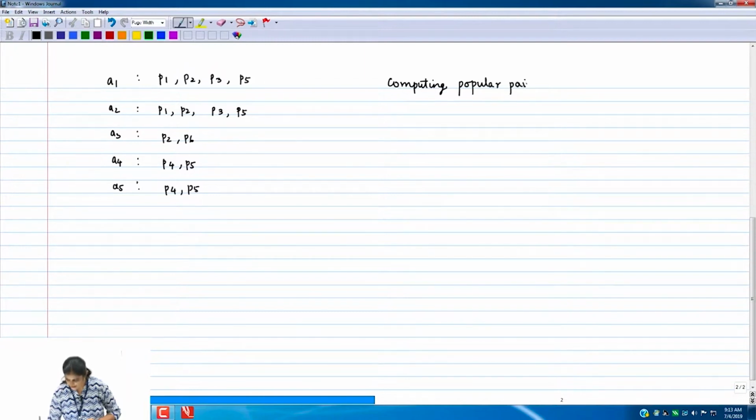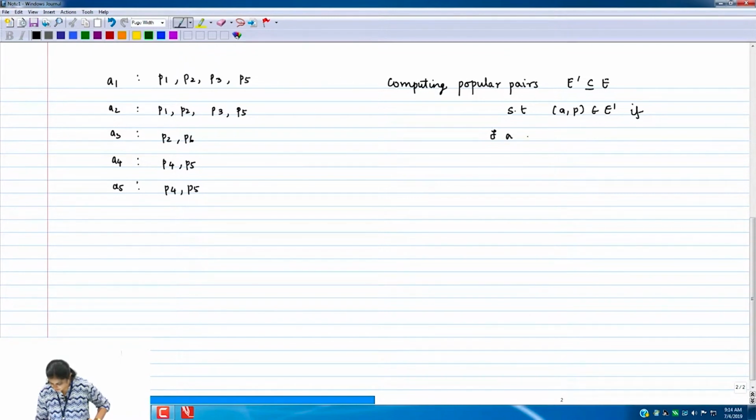Popular pairs is a set E prime, a subset of E, such that AP belongs to E prime if there exists a popular matching M such that AP belongs to M. That is, A gets matched to P in some popular matching, then we will call it a popular pair.